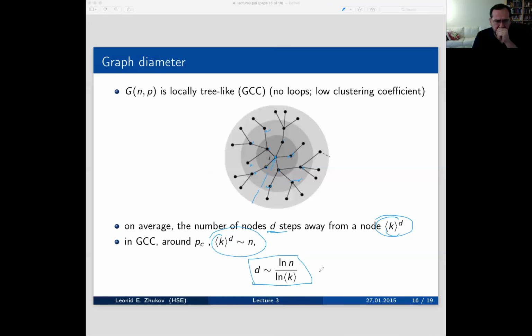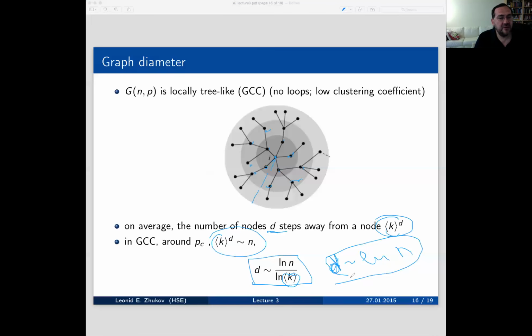Now, if we take a graph and fix the average node degree, the diameter of the graph, or average shortest path, will behave like the logarithm of the number of nodes. Now, what did we call this property? We talked about it last time. Small world, yep.